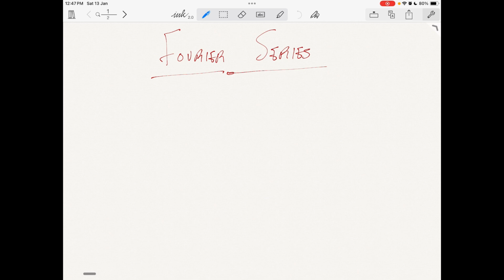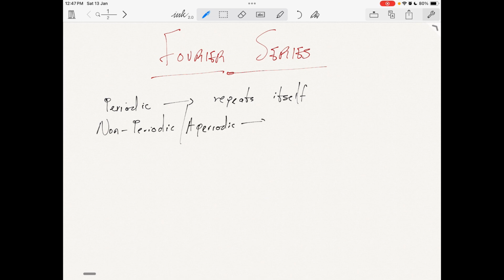Now, a function is said to be periodic if it repeats itself over a period of time at equal intervals, and it is non-periodic, or what you might also call aperiodic, when it doesn't repeat itself.